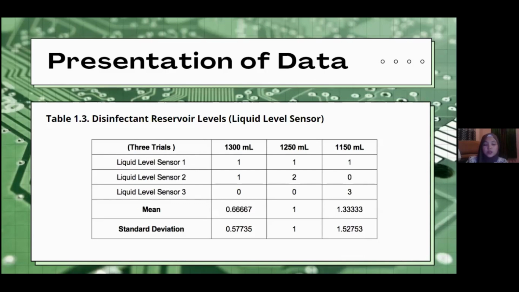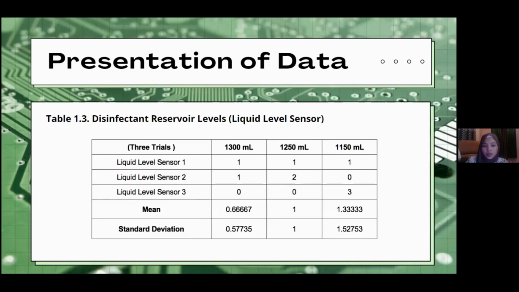In Table 1.3, it showed that after 3 trials with levels of 1,300 ml, 1,250 ml, and 1,150 ml, the mean values of the liquid level sensor are 0.6667, 1.3333, respectively.